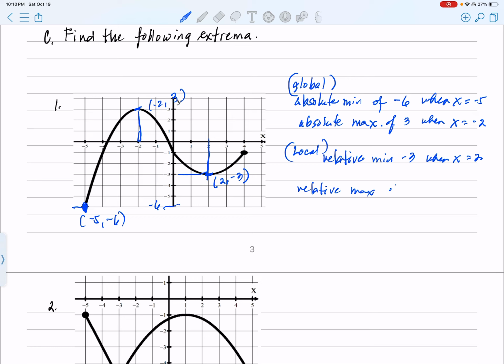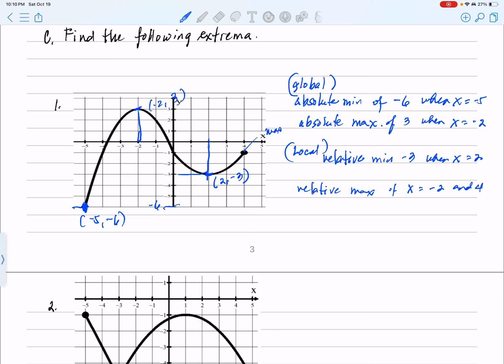What will be our relative maximum? It's still at negative 2 and 1, 2, 3. How about this? This is maximum. When x is negative, oh wait, I'm gonna write it here. When x is at negative 2 and 4.